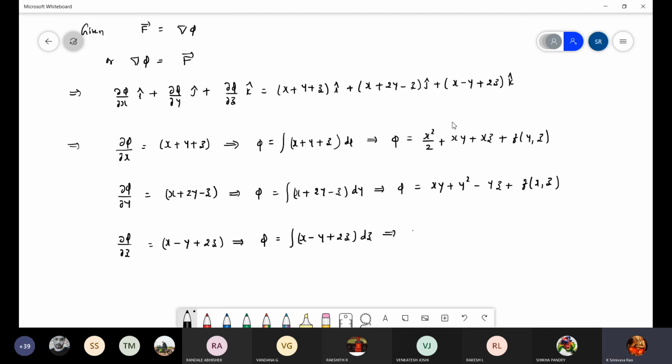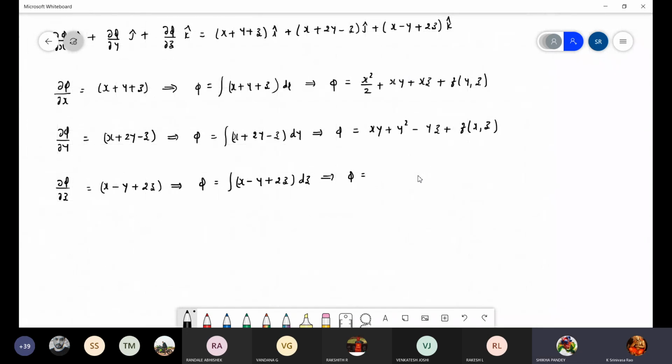So phi equals xz minus yz plus z square plus f of x comma y. Can you choose now?